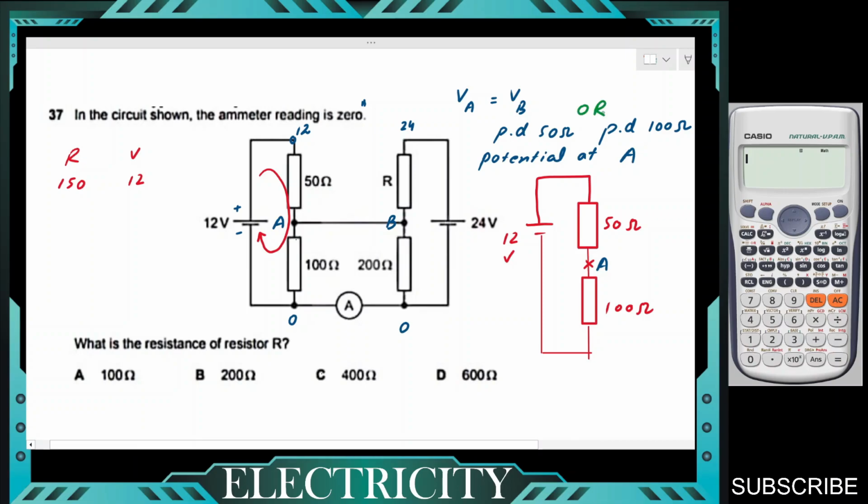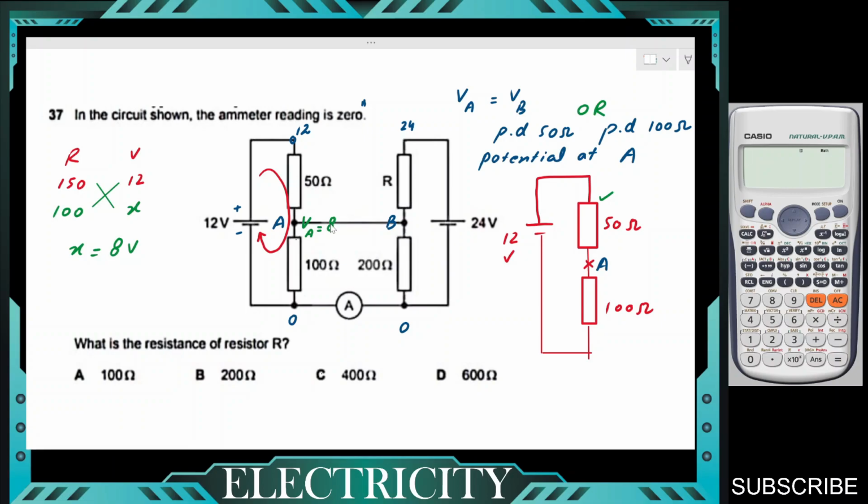It would be the potential difference across 100 ohm, because whatever the voltage is out of 12 volts, some of the voltage would have been dropped across the 50 ohm, and the rest of it would go at the point A, which would eventually be across the 100 ohm resistor. So what we have to do is find the potential across the 100 ohm resistor, that equals X. Then we can just cross multiply, and X would equal, so the potential at A equals 8, VA equals 8.